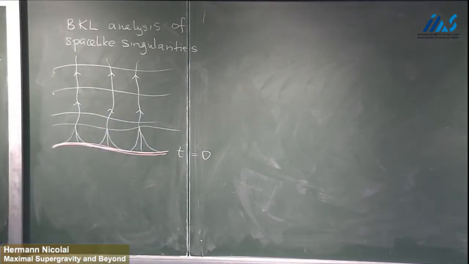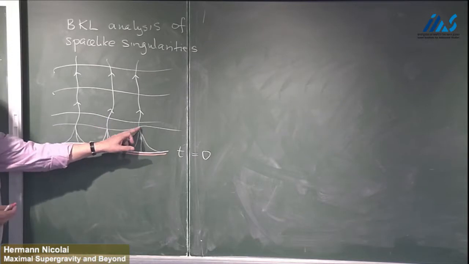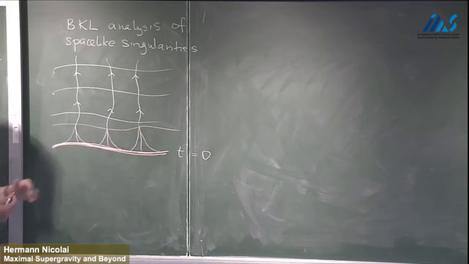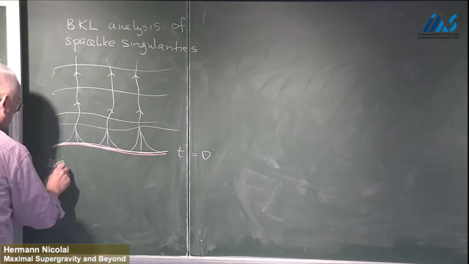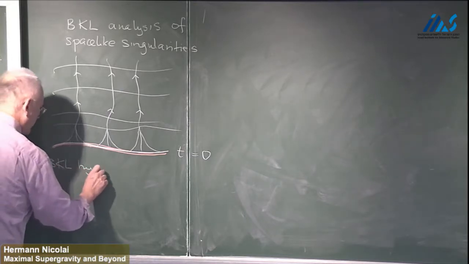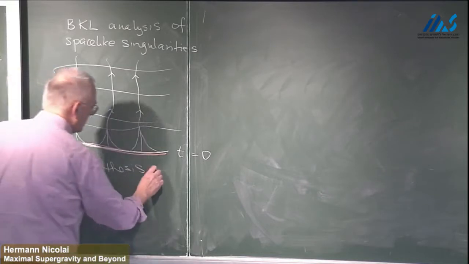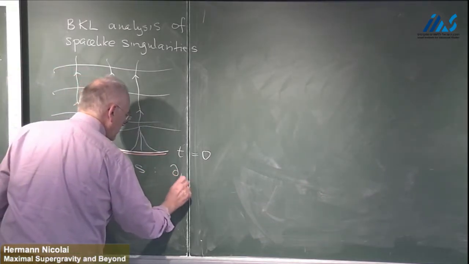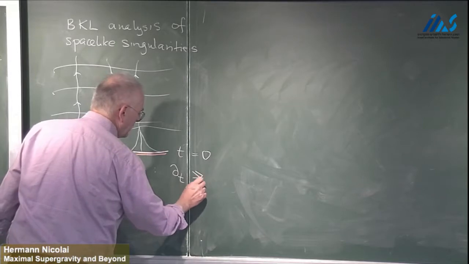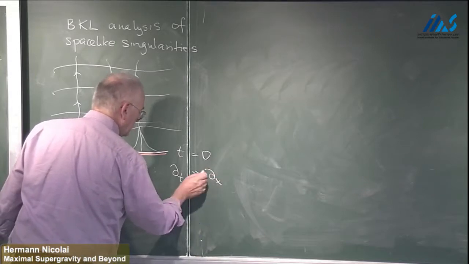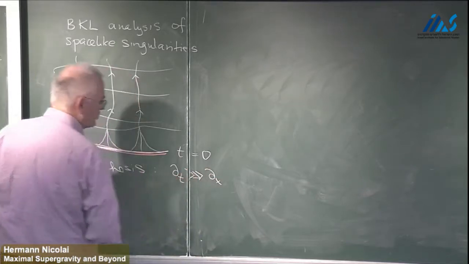Because you have this spatial decoupling, this causal decoupling of spatial points, they put forward a hypothesis, namely that time derivatives near the singularity should become much more important than spatial gradients.